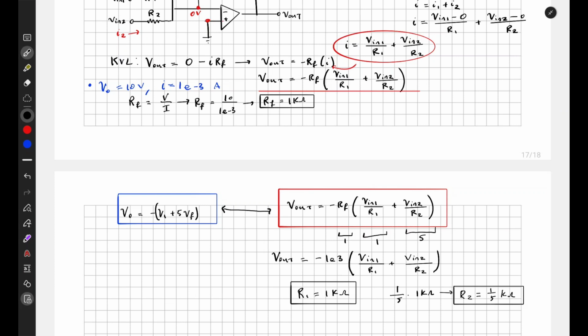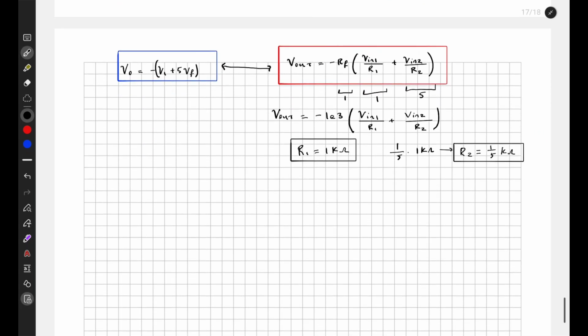To check for this, we take V out is equal to negative RF, right? So it's -1 kilo ohms times V in 1 divided by R1, so 1 kilo ohms, plus V in 2 divided by 1/5 kilo ohms.